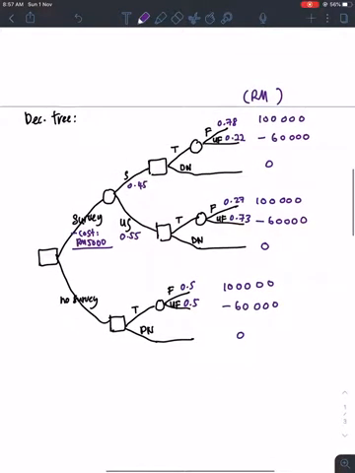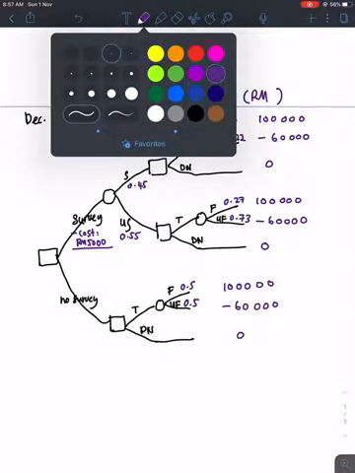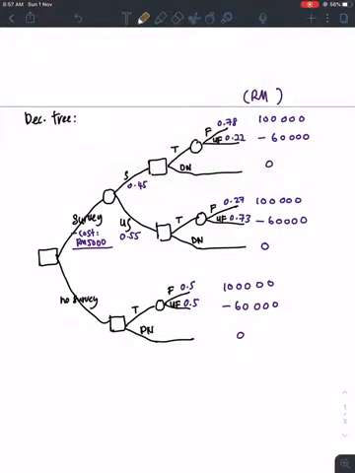Okay. After finish construct the tree diagram and put all the necessary information, now we have to analyze the tree. Analyze the tree using EMV. Now calculate EMV. Let's say I put number 1, 2, 3, 4. So kita akan calculate 4 value of EMV.